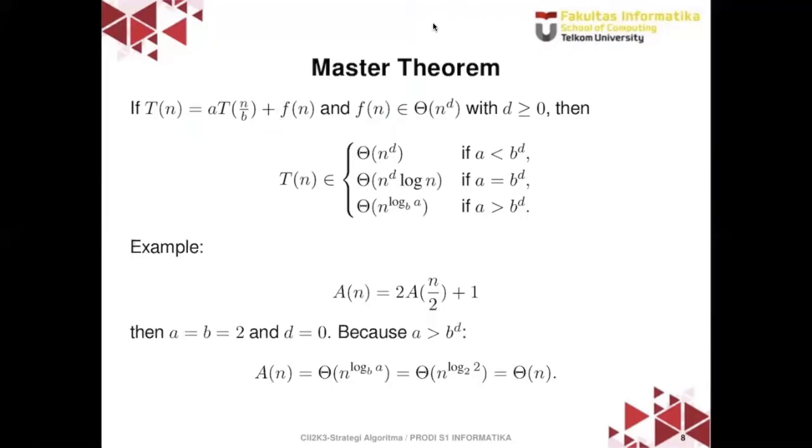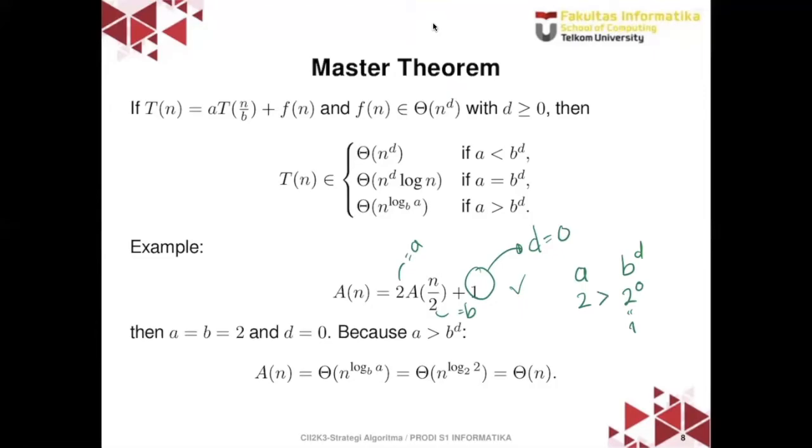For example, if I have this as a recurrence relation, then we have 2 as a, and 2 here as b, and because we don't have n here, the largest order for f(n) is 0. Then we compare a and b to the d: a is 2, and b is 2, and d is 0, so b to the d equals 1, such that a is larger than b to the d.